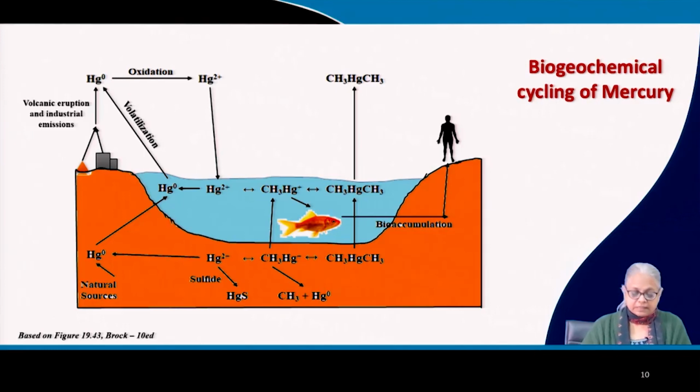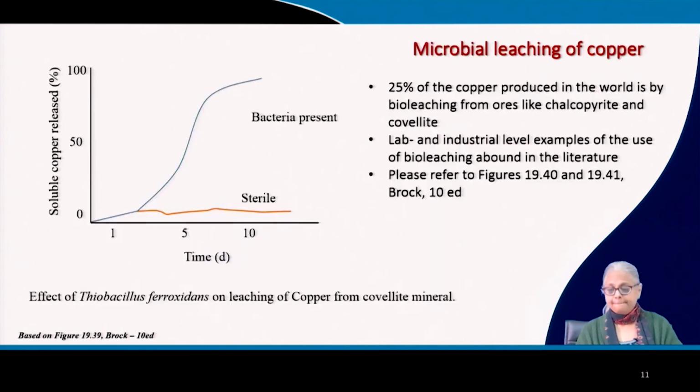It will come into the sediment, and there it will form complexes with both organic as well as inorganic compounds. So you get methylation of mercury as well as mercury sulfide. And like I said, it's the methylated form of mercury that is dangerous.